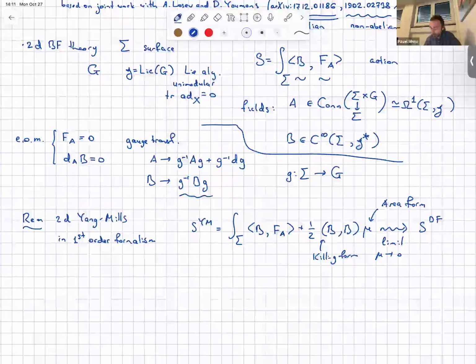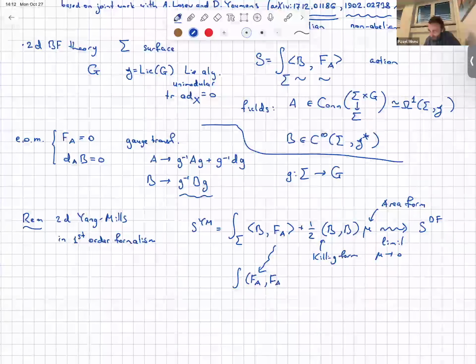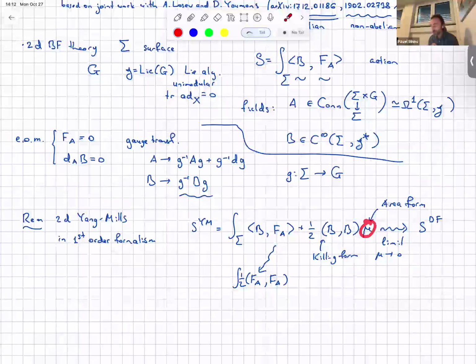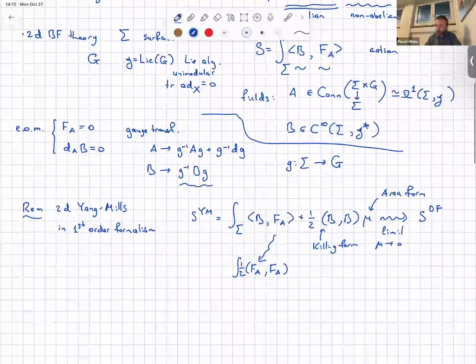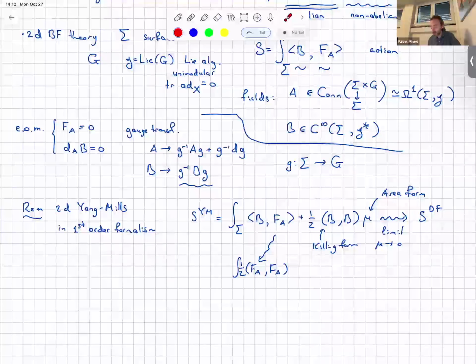By the way, we recover Yang-Mills in second-order formalism by integrating out the B field, which results in the square of the curvature, with some coefficient dependent on the normalization of the area form. This is just a reminder of how to connect it to Yang-Mills, in the form that looks more familiar.